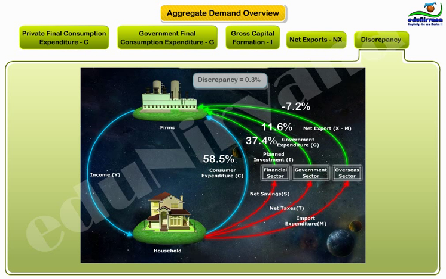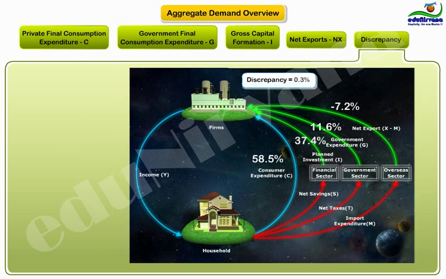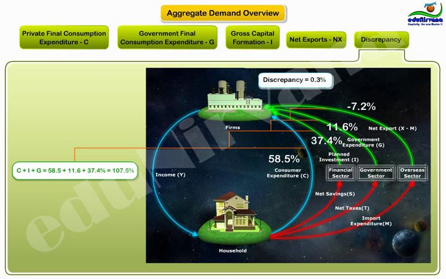Discrepancy, 0.3%. If you sum C plus I plus G, it will be 58.5 plus 11.6 plus 37.4, which totals to 107.5%.